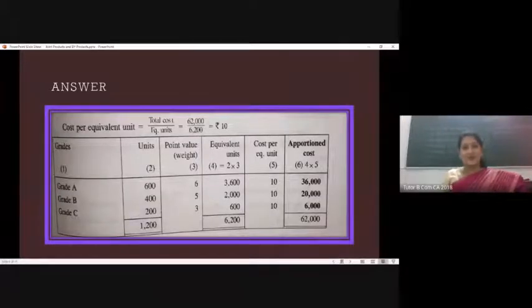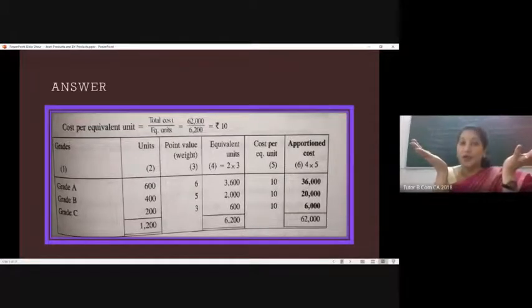Now things are easy. When we are multiplying equivalent units with the per unit cost, we will get 36,000. Accordingly, for the rest of it also, like 2,600, we are multiplying the per unit cost. So in this method, what you have to remember is we have to convert this into equivalent units based on the survey, based on the gradings.